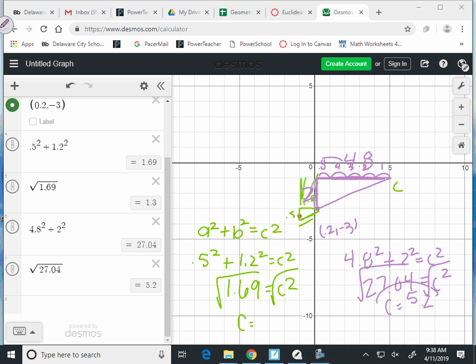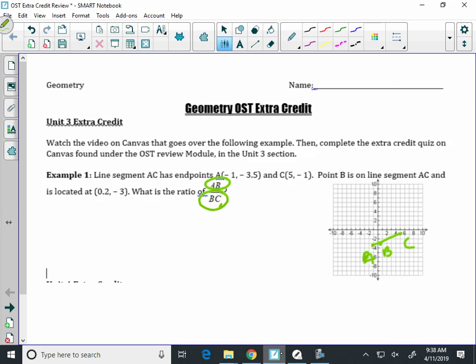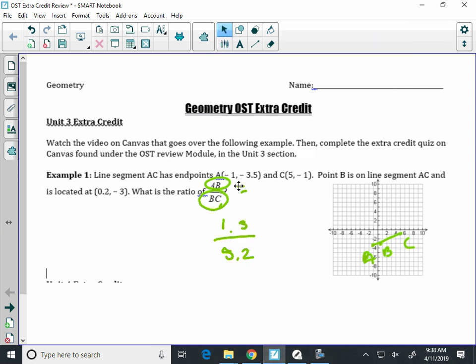So those are our two distances, 1.3 and 5.2. So we're going to write that ratio. AB was 1.3, BC was 5.2. And then divide that in your calculator. Can't leave a decimal over a decimal.